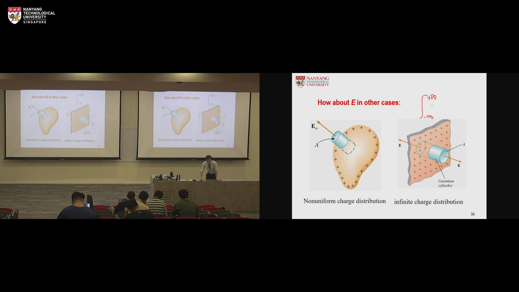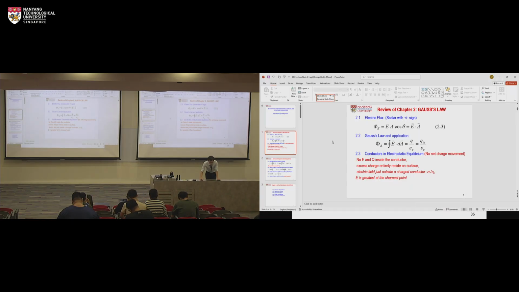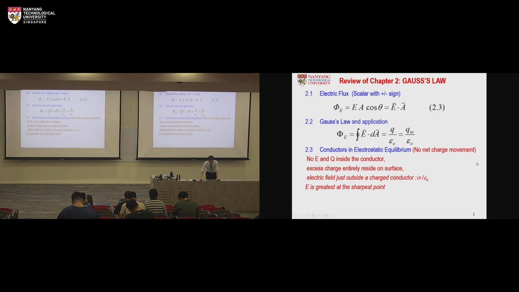Physically, this is still valid, but of course, for this kind of integration, mathematically, you likely cannot find the final solution. So that is why we need to introduce the Gauss's law to determine this electrical field E in a more complicated scenario.